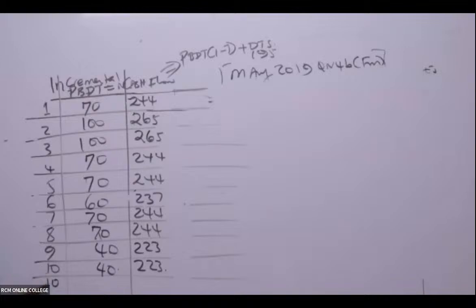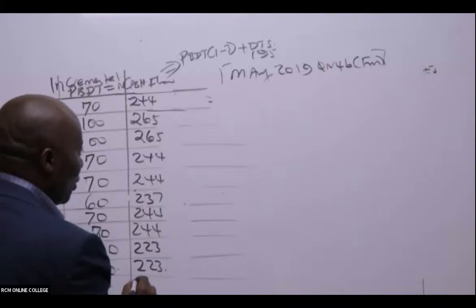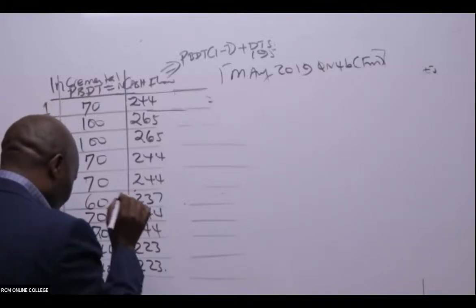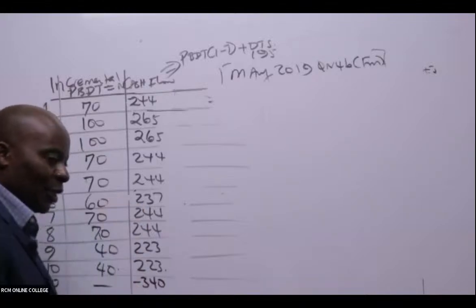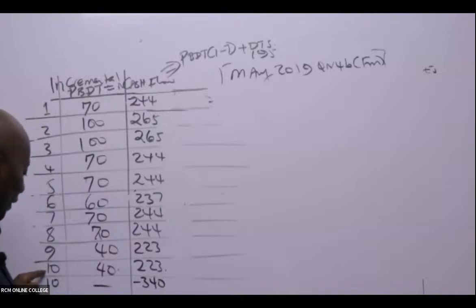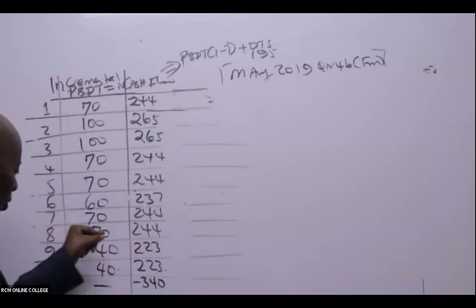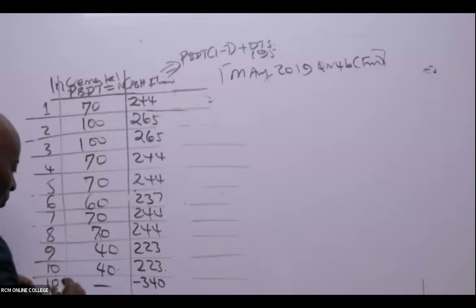And then you duplicate, you write another 10. Here there will be nothing. Here you write the terminal cash flow, the incremental one. Was it minus 340? The last year. If it was a project ending on year 8, you would have said 8 for the normal and 8 for the terminal. So this is terminal.